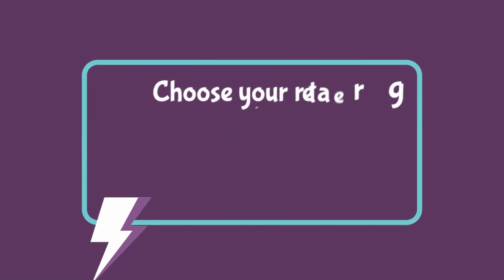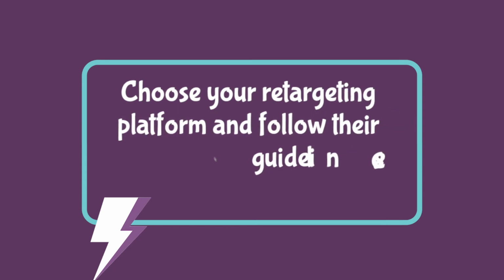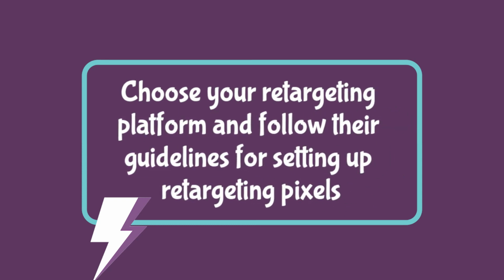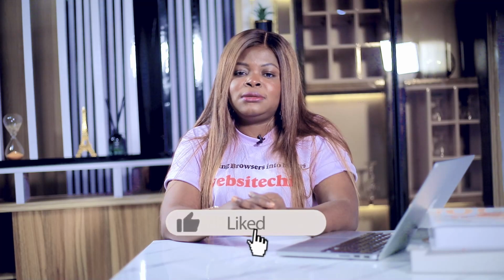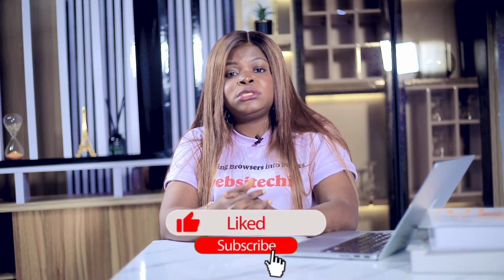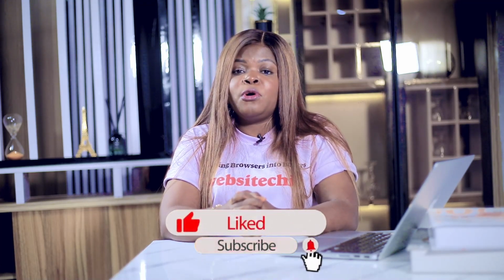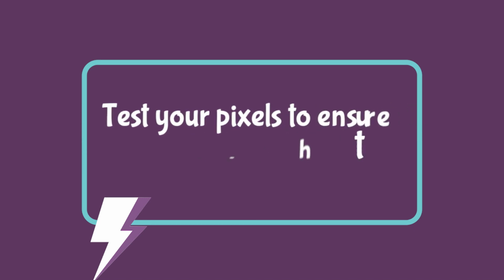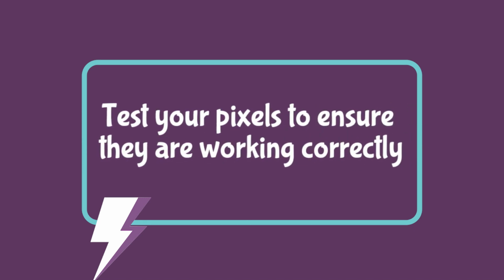Some action steps around this will be for you to choose your retargeting platform and follow their guidelines for setting up retargeting pixels. Like I mentioned, every platform has a retargeting pixel, and it must be installed on the platform where you want to monitor the metrics. Test your pixels to ensure they are working correctly.